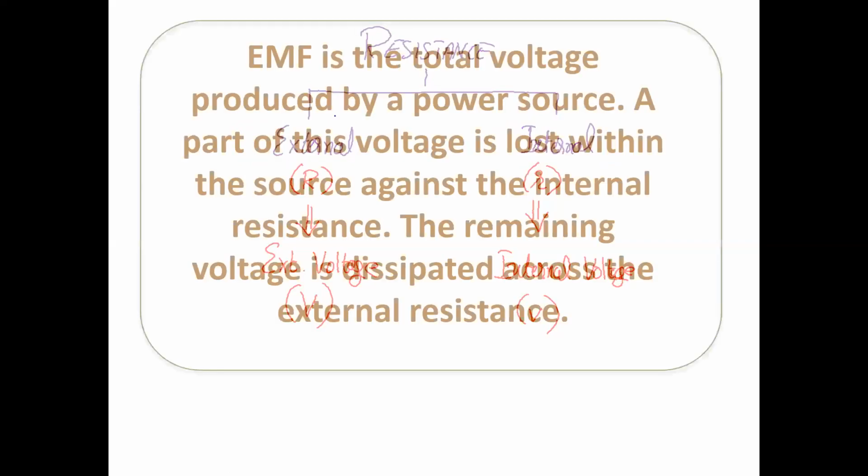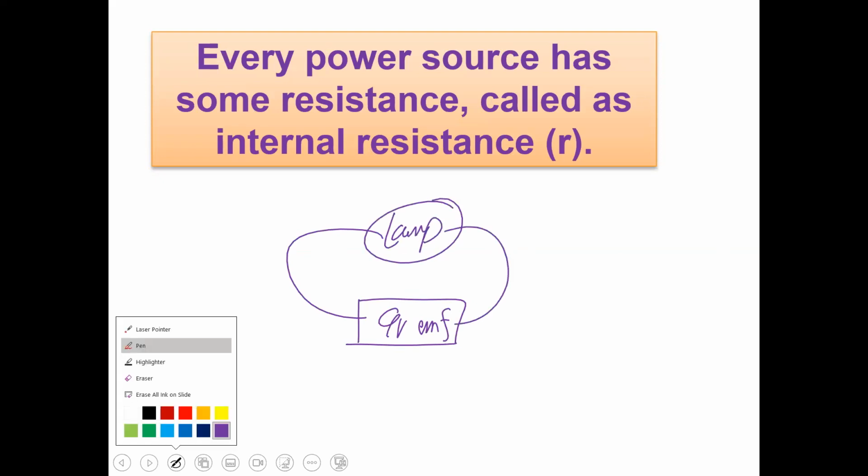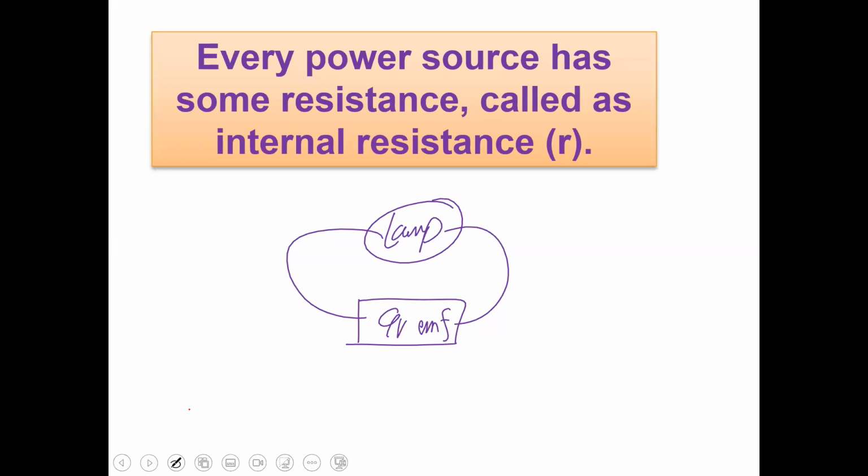So this will be our next concept. For example, this is my battery and it is 9 volt. This 9 volt is called EMF, and I have a lamp attached to the battery. Now, when I run the lamp, suppose my lamp uses 8 volt and the battery itself wastes 1 volt. This is how a circuit actually works. This 1 volt is called internal voltage and 8 volt is external voltage.